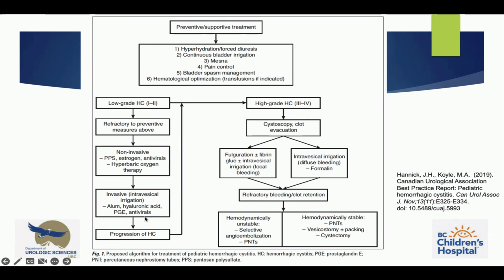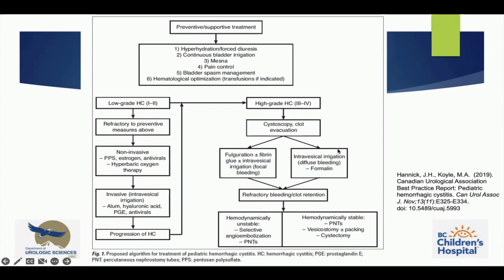And if the hemorrhagic cystitis progresses or is already high-grade with blood clots, then cystoscopy and clot evacuation will be indicated. And possibly fulguration or fibrin glue. And then there's also formalin that is before the nephrostomies and embolization in this algorithm.